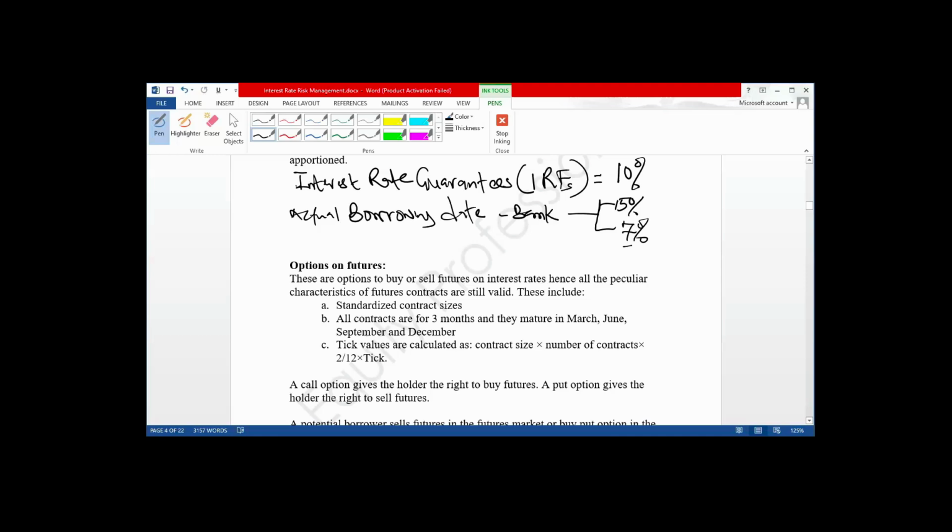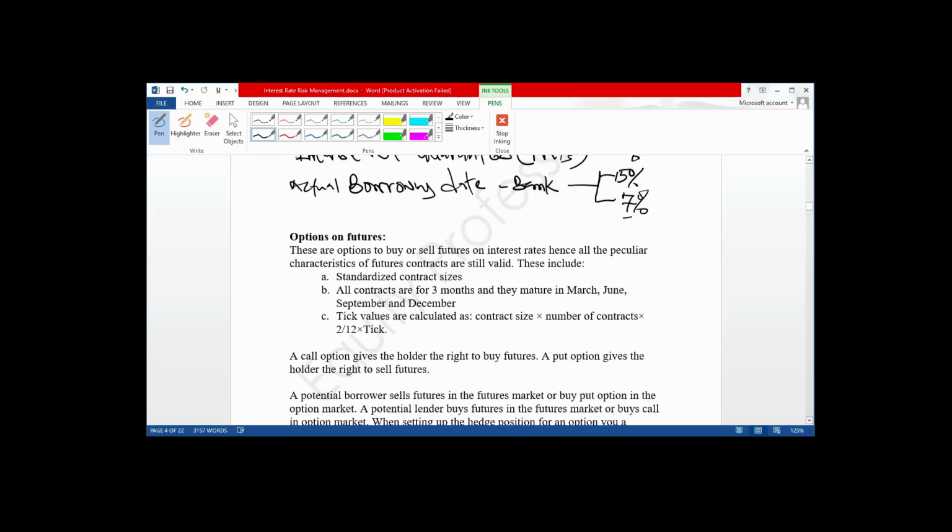A put option gives the holder the right to sell futures. Please note this.